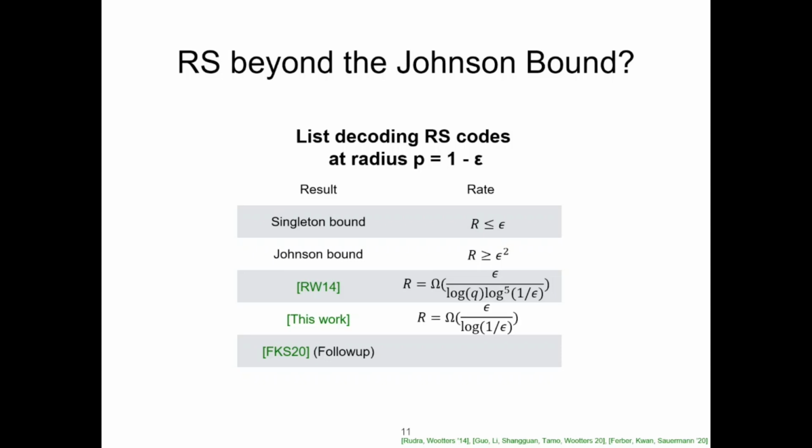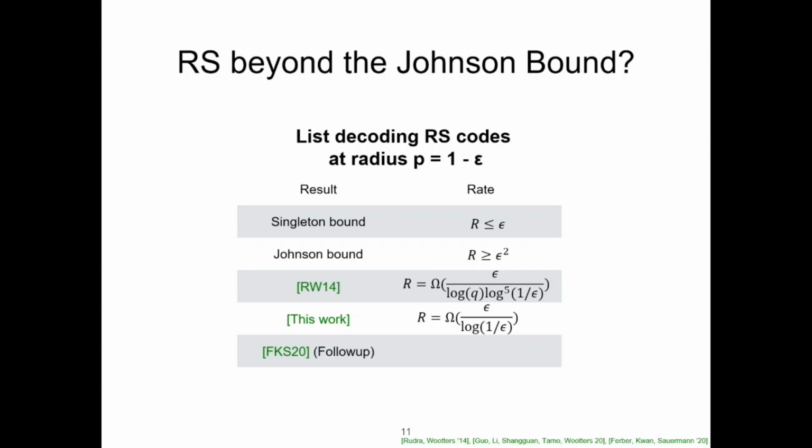And in our paper, the main result is that there exist Reed-Solomon codes whose rate is Omega of epsilon over log 1 over epsilon, independent of the field size q. So as a result, we show that we can improve the Johnson bound for epsilon up to some fixed constant.